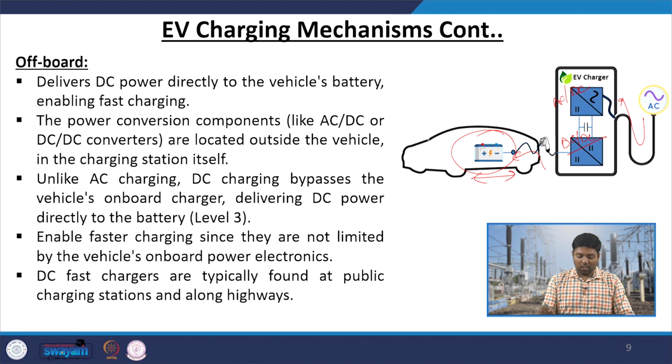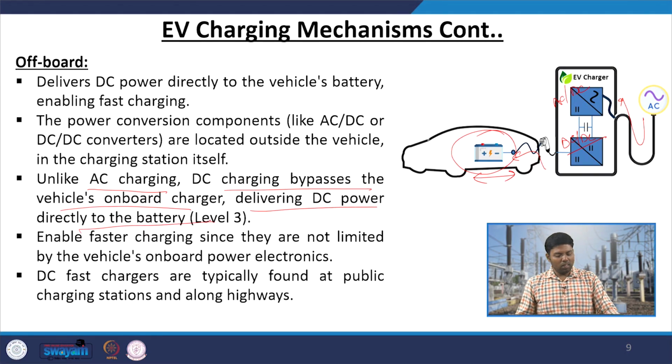So, unlike AC charging, DC charging bypasses the vehicle's onboard charger. Generally vehicles are equipped with both kinds of charging facilities, so you can give direct DC or you can give AC and then convert it from AC to DC. But if you give off-board charging, then obviously it will bypass the onboard charging facility and deliver direct DC power supply to the battery.